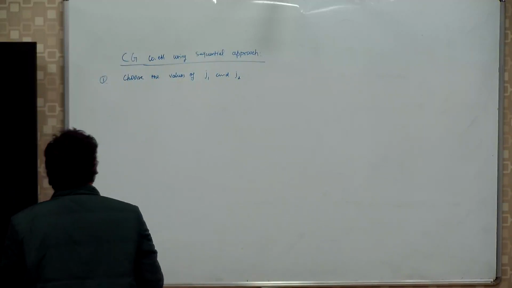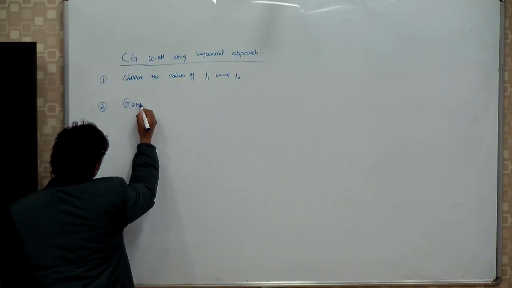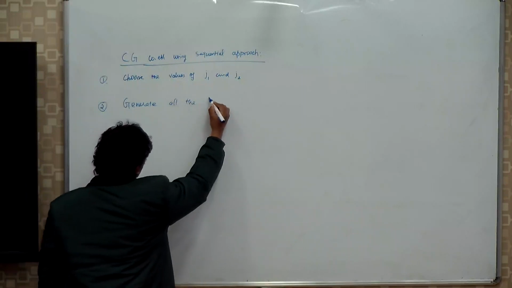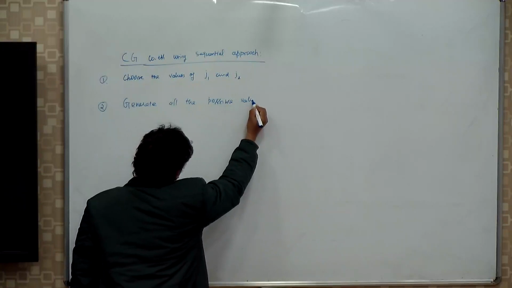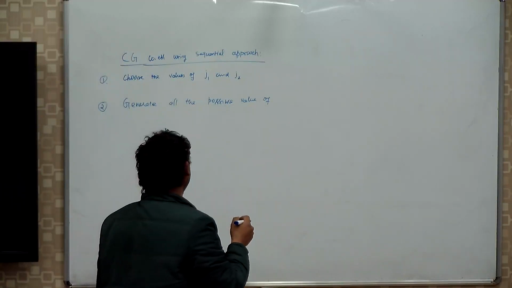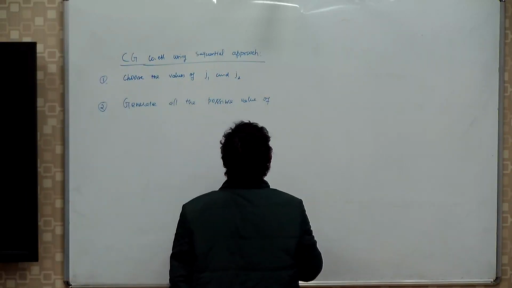Now, the second point: generate all the possible values of the magnetic quantum number associated with the total angular momentum quantum number.